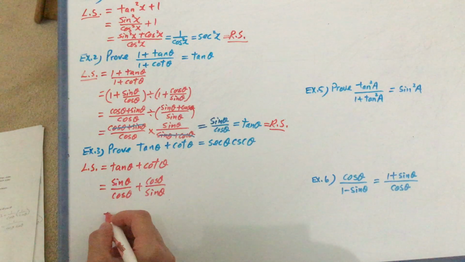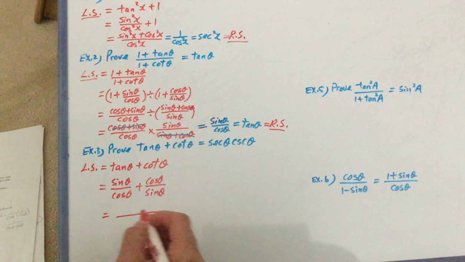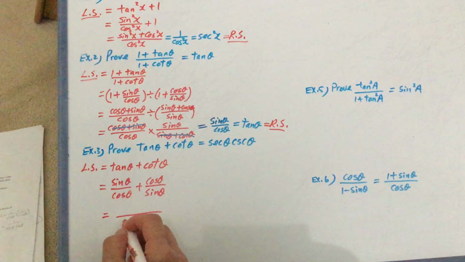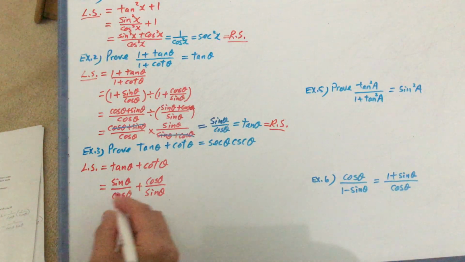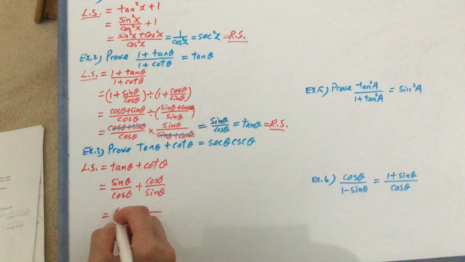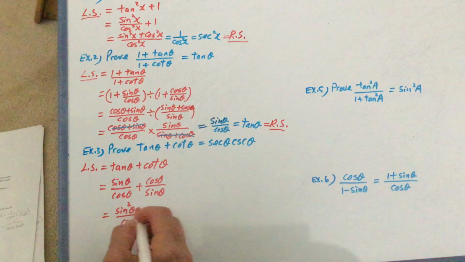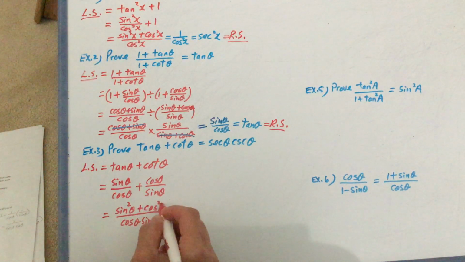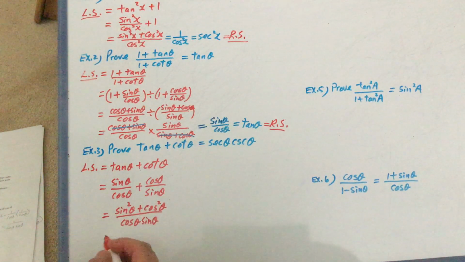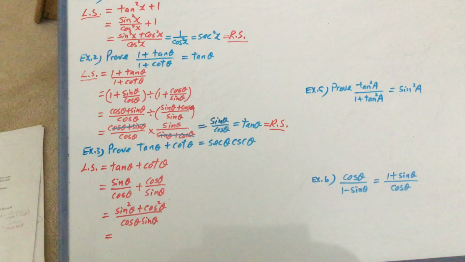Okay, from here I can do a common denominator. When you do a common denominator, you multiply the two together, and then on top you will end up with sine squared theta, and over here you will end up with cos squared theta. Now those are the Pythagorean identities.